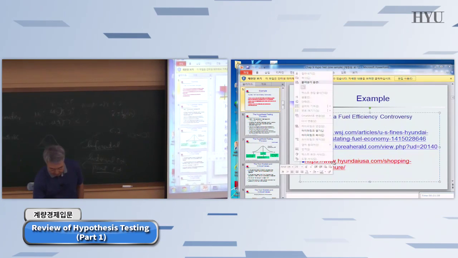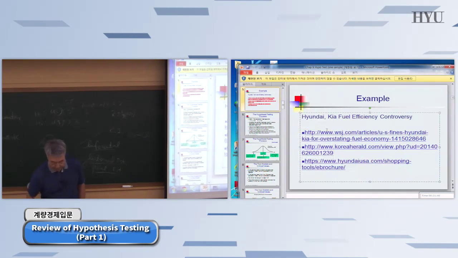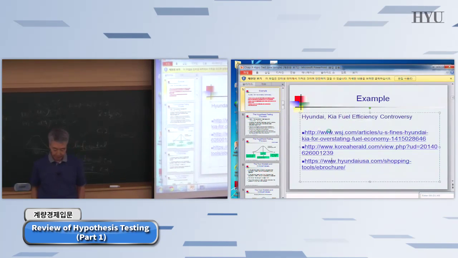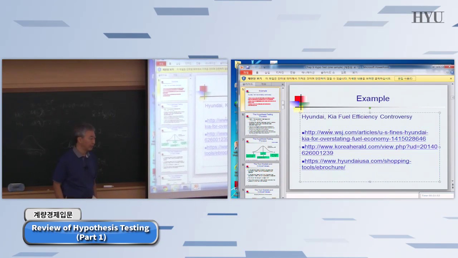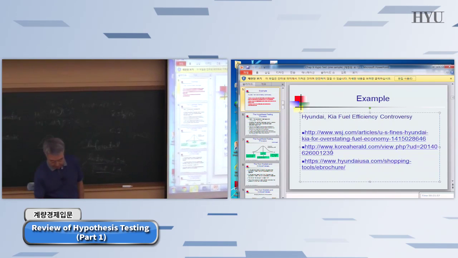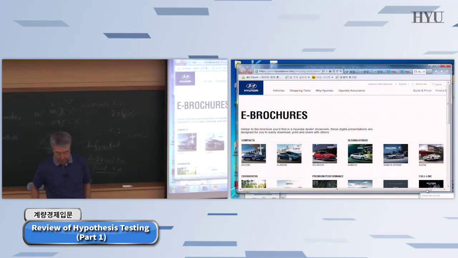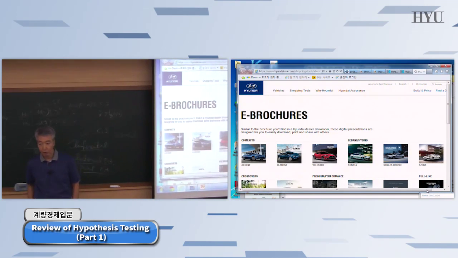So here's the e-brochure of that vehicle. And as I said, I came to Korea in 2012, 3 years ago. And until then, and apparently until 2 years ago, they claimed that the Elantra could go 40 miles per gallon, which is pretty high.